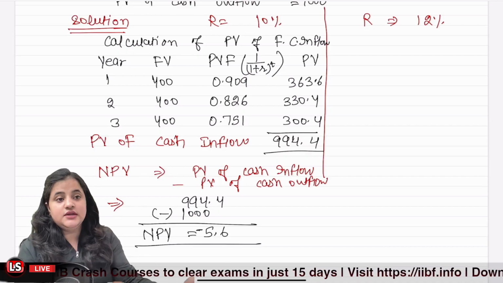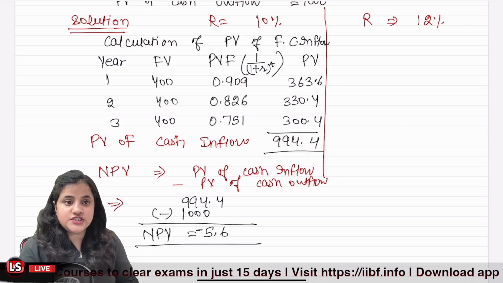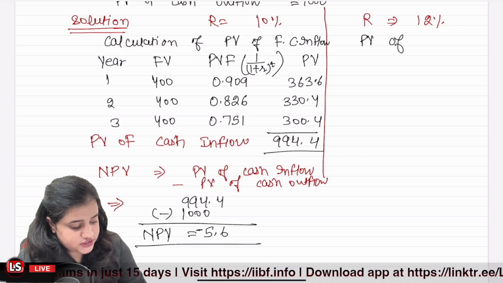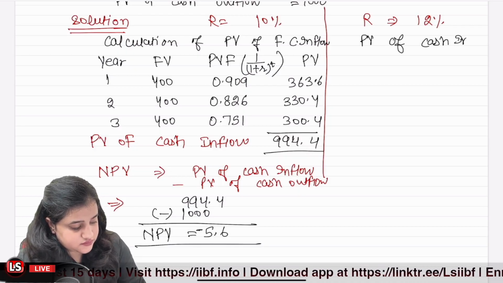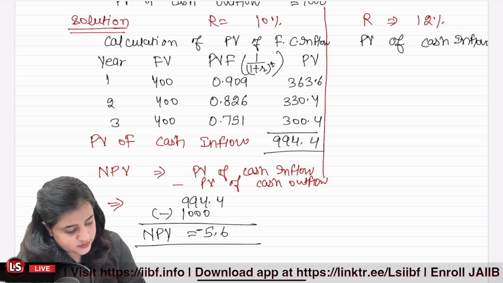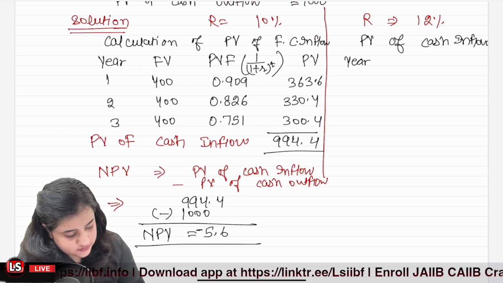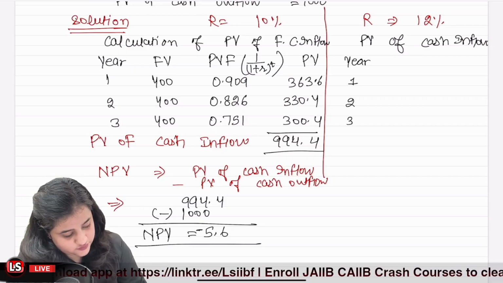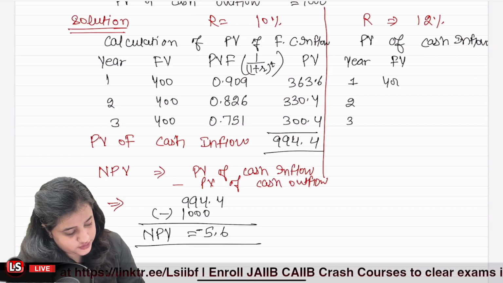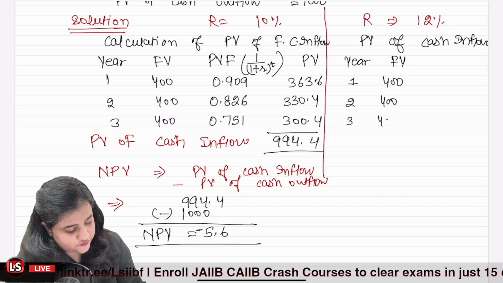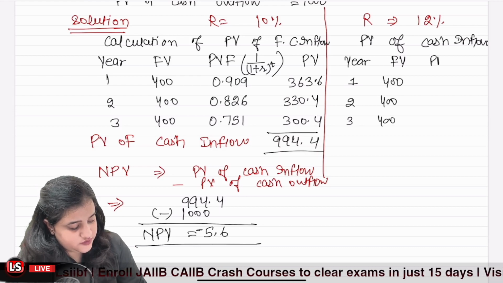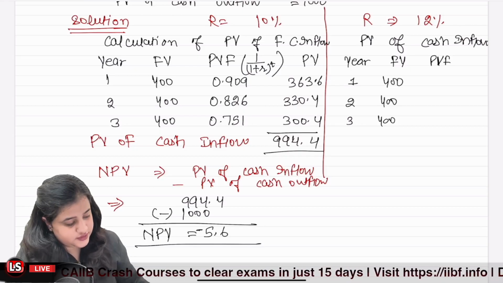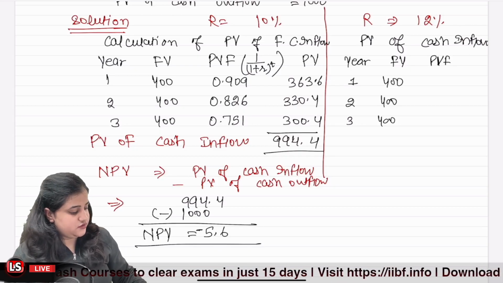Same method. For calculating NPV, first we need to calculate the present value of cash inflows. We take year 1, 2, 3. We have our future value 400, 400, and 400. We have the PVF. Now at 12%, how do we calculate the PVF?